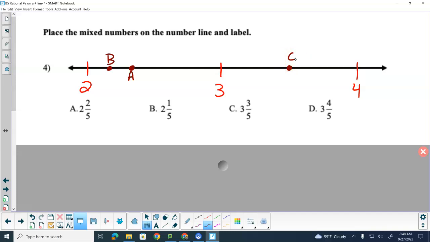D is going to be in between C and 4. So it looks like that.